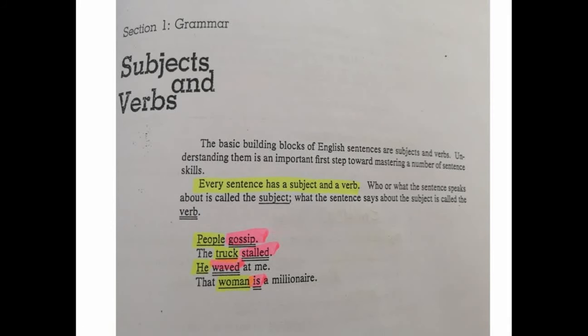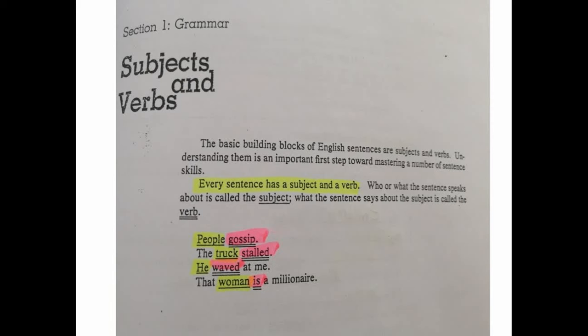Now, the first topic we're going to study is subjects and verbs. These are the two basic units that make any sentence. You can never get a sentence if you don't have a verb: first a subject, then a verb.